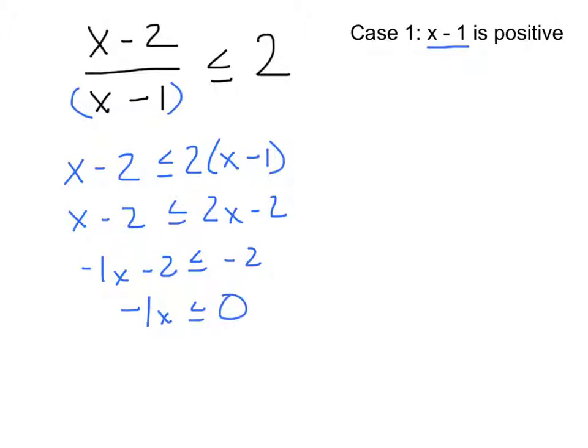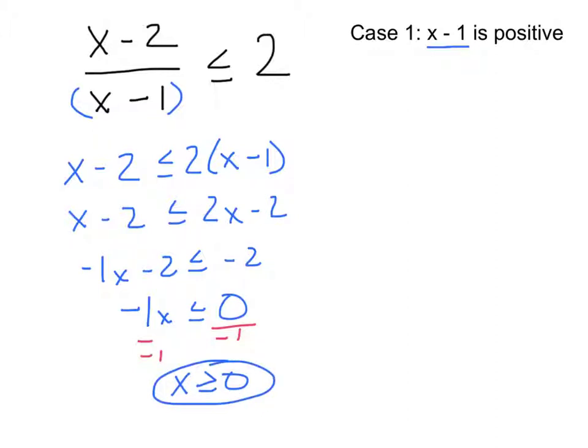And then I'm going to divide both sides by negative 1. When I divide by negative 1, remember, I have to change the inequality sign. So 0 divided by negative 1 is still 0, but now my solution for this particular case is x is greater than 0.